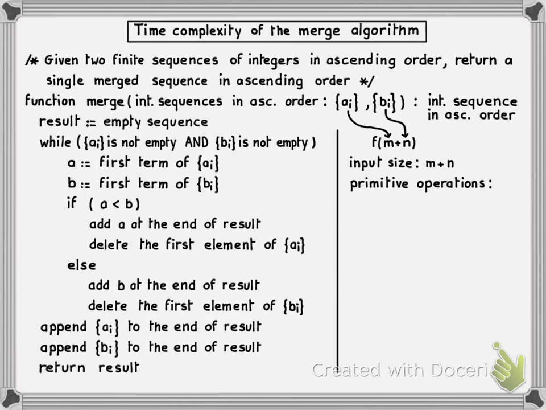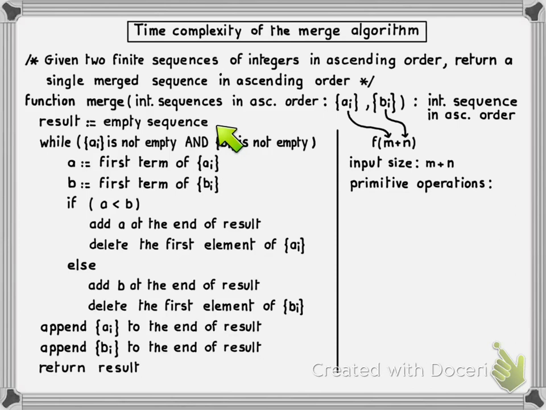And this data structure is going to have a pointer to the first element in the sequence and a pointer to the last element in the sequence. Now, if a sequence is empty, then these two pointers will be null pointers or null references. So, keeping this data structure in mind, let's look at every operation in this algorithm and make sure they can be executed in constant time.